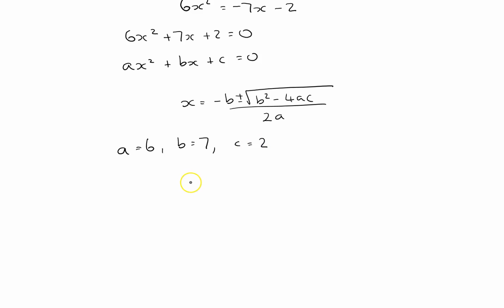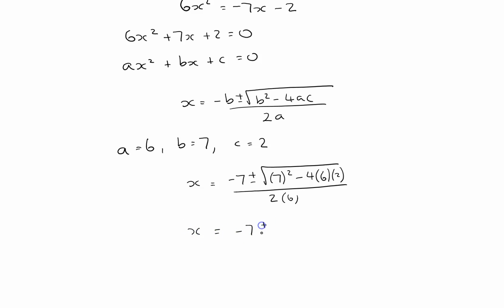And we can now substitute these into our equation to get minus b, which is minus 7, plus or minus the square root of b squared, 7 squared, minus 4 times a, which is 6, times c, which is 2, all divided by 2 times a, which is 6. So we now get minus 7 plus or minus the square root of 49 minus 48, divided by 12.